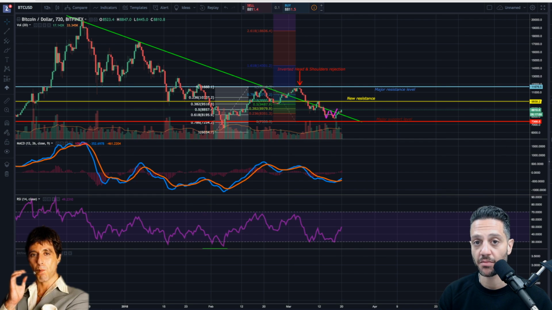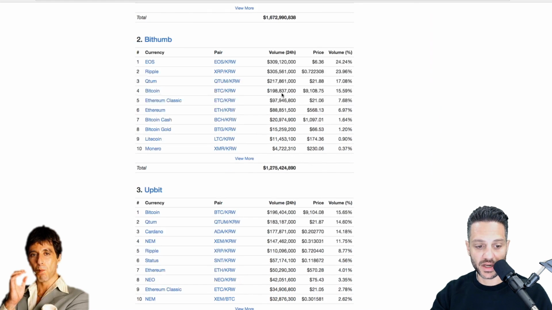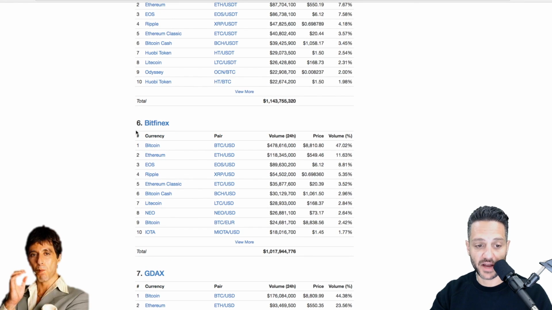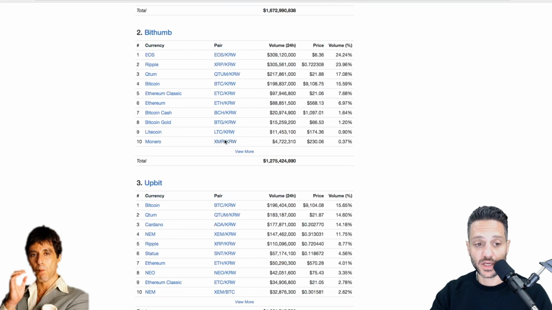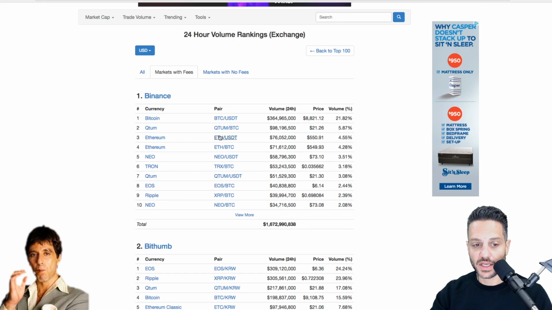Obviously, you need to have a margin account in order to do that. If we take a look at the exchanges here on CoinMarketCap, Bitfinex, which is usually in the top 5 or 6 in terms of volume for cryptos, is, I believe, the number one exchange that allows you to do USD to BTC shorting.